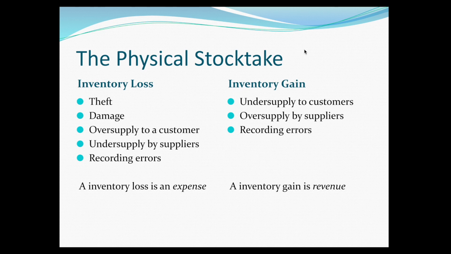For an inventory gain, it's an oversupply to a supplier, because you're also giving more than required. But it's an undersupply to customers if you have an inventory gain because you're giving less than what they paid for. So you have a more leftover amount of inventory. And yes, an undersupply to customers, you're giving less than what they paid for.